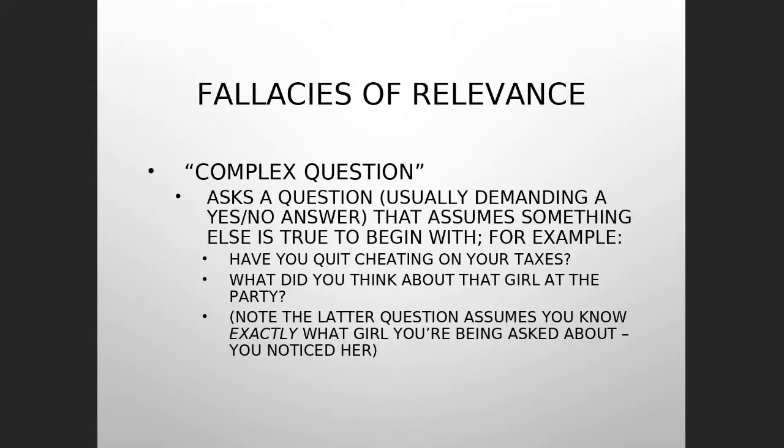And if you say no, you're admitting that you're continuing to cheat in the present. Okay? What do you think about that girl at the party? If you're a guy and your wife or girlfriend asks you that question, if you give her an answer, that means you know exactly what girl she's talking about, and she knows you noticed her, right? So that's a complex question. These questions are traps.